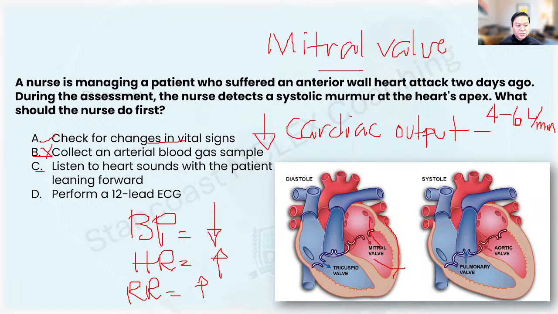What about letter C? Listen to the heart sounds with the patient leaning forward. Well, this option will help you in actually listening to the murmur, especially with the mitral valve. But again, it will not address the impact of the murmur onto the patient's hemodynamic status.